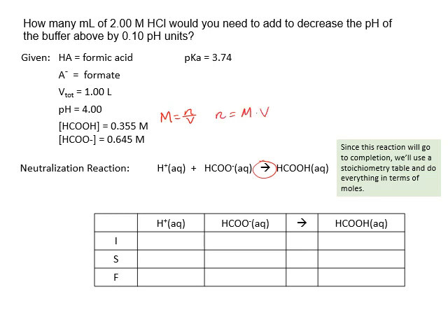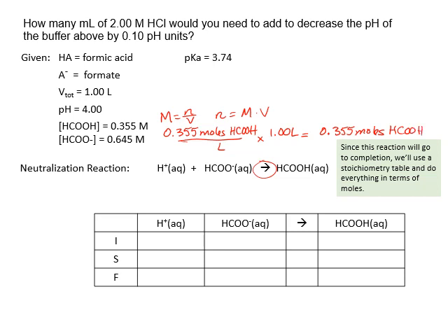So we can use this equation to find the moles of formic acid and formate that are in our buffer initially. For the formic acid, we have 0.355 moles per liter, and we have 1 liter of that buffer solution, so that gives us 0.355 moles of formic acid.